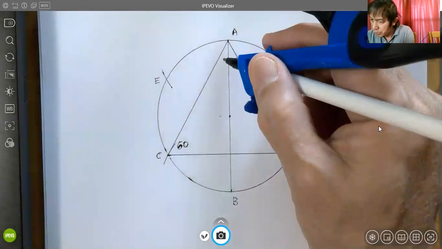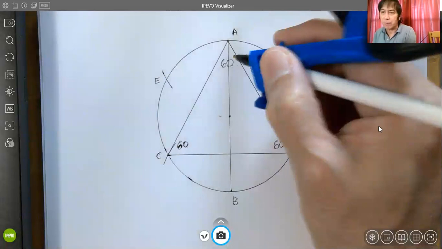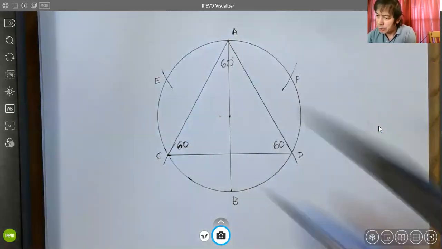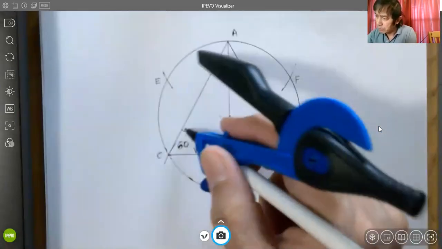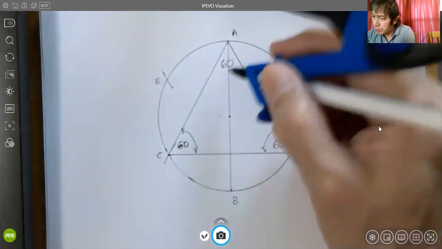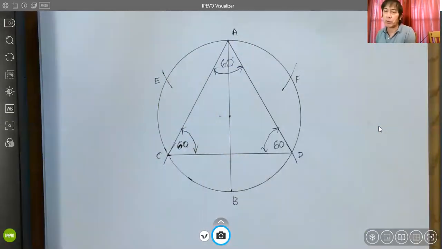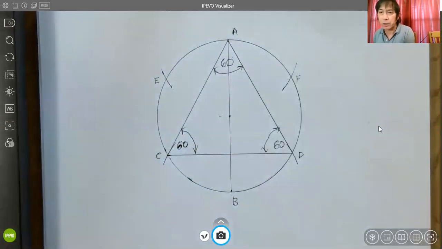In other words, this is 60 there. So we have an equilateral triangle. This is 60 degrees, this is also 60 degrees, and also this is 60 degrees there. I hope you were able to learn how to draw an equilateral triangle using a circle.